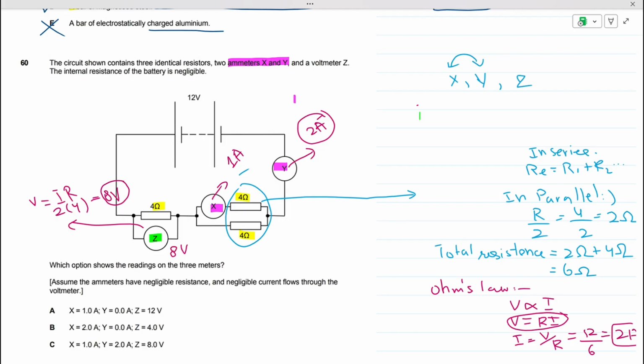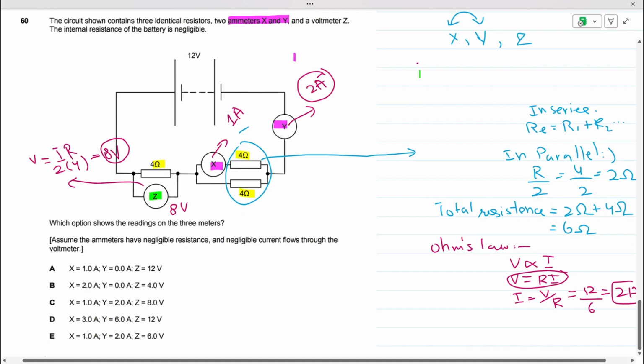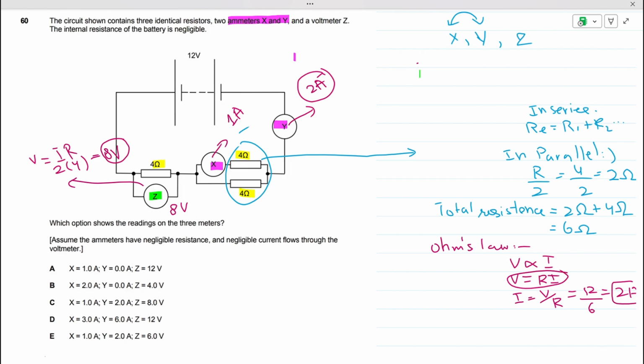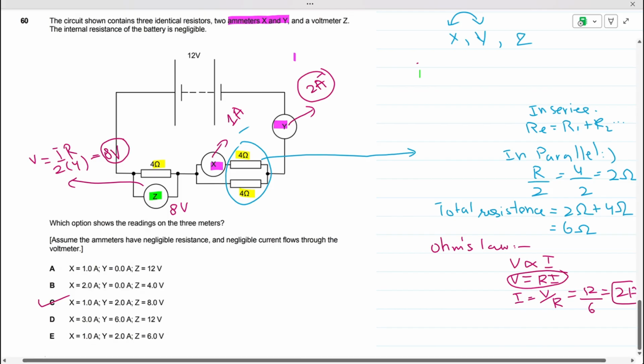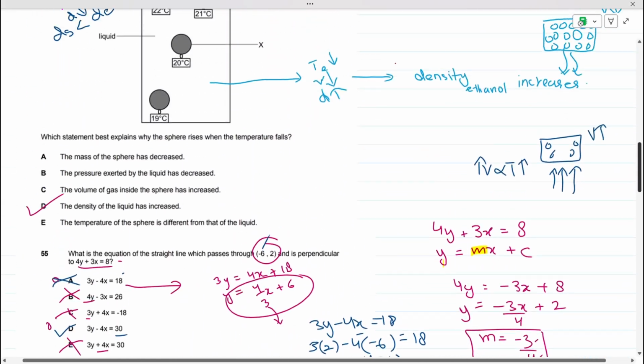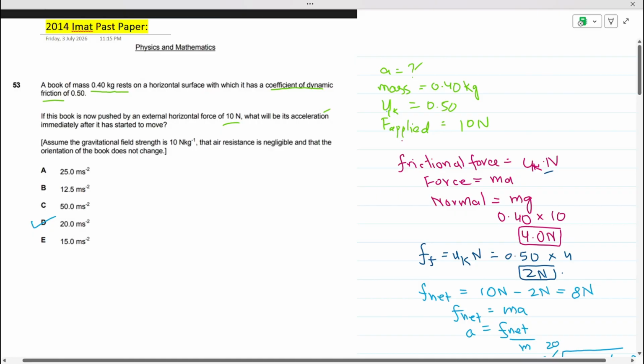So we have gotten 8 volt as the reading of Z. So X is 1 ampere, Y is 2 ampere, and Z is 8 volt. This means option C is the right answer. So we have solved all our questions from the IMAT past paper 2014.